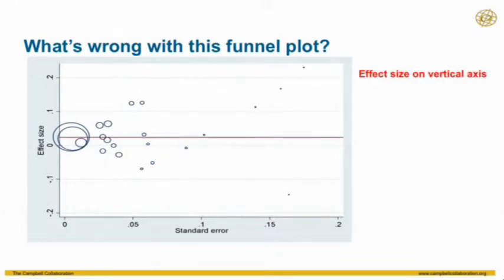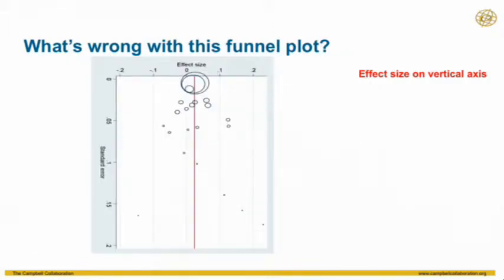If we flip it like this, this is what we're really used to seeing, the inverted funnel. So there's nothing necessarily wrong with switching the axes, but I think it's good practice to have your effect size on your horizontal axis, because readers are typically getting used to seeing that and knowing where to look for that gap.